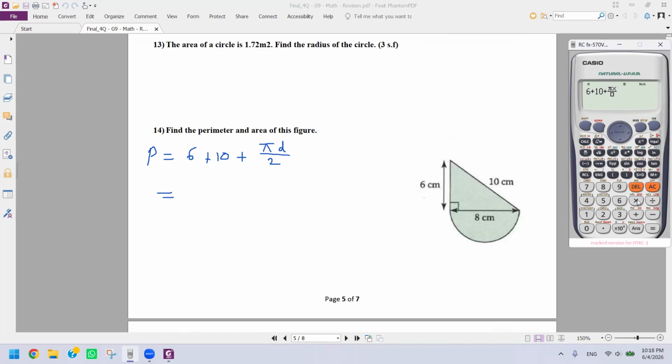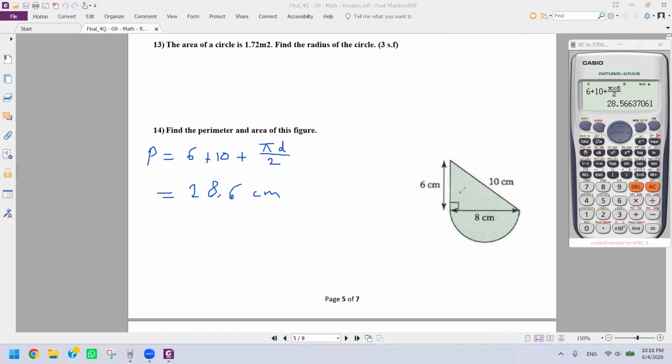What is d? It is 8. And then over 2, because it's a semicircle. 28.56, so 28.6. 28.6 unit centimeter. Is it squared? No, it's perimeter.